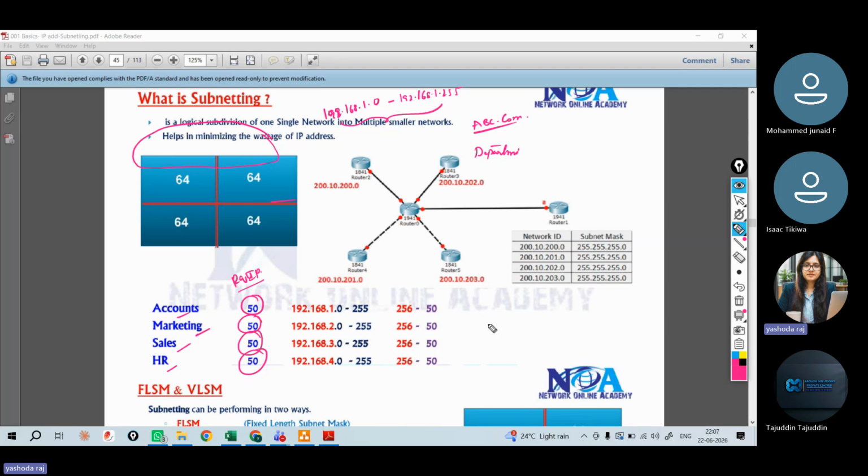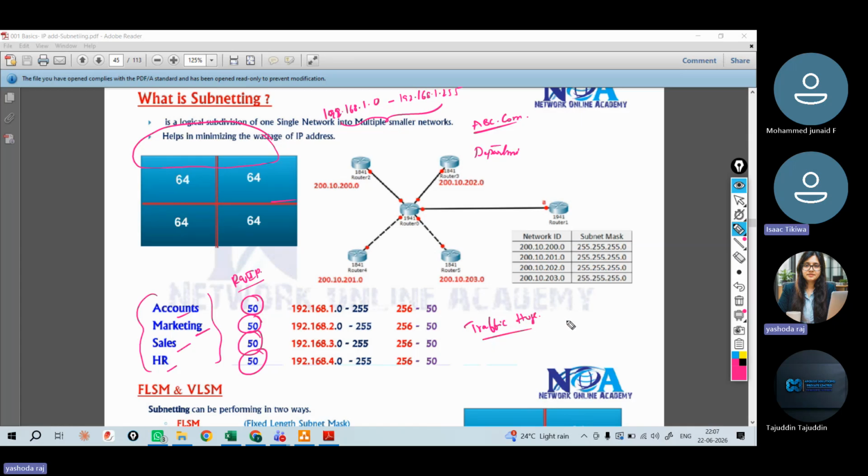Now, the thing is, I can provide 192.168.1.0 to 1.255. But what is the problem? Each and everybody is going to use the same IP address, so the traffic in the network is going to be huge, right?